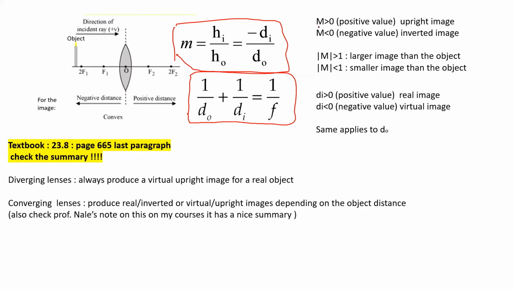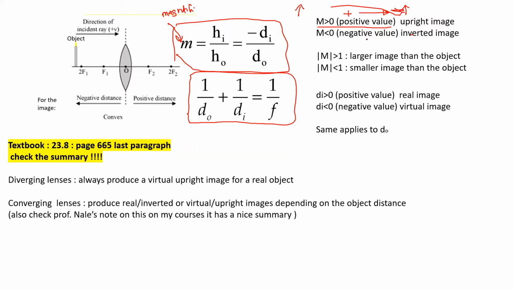Let's go through whether you can remember this. If M is a positive value, what does that mean? M is magnification. If M is positive, that means your image is upright, or in other words, the same as your object. If your object was like this, the image will also be like that.